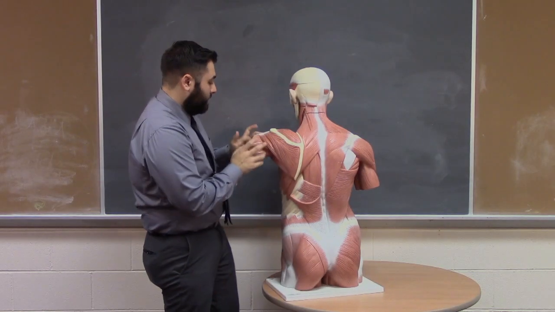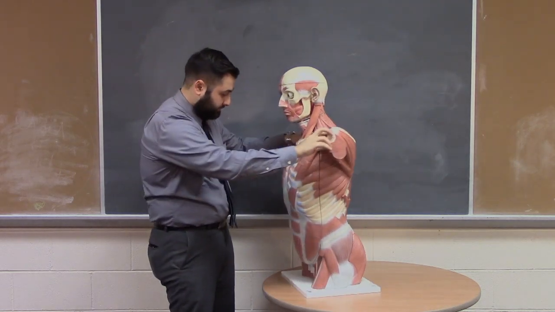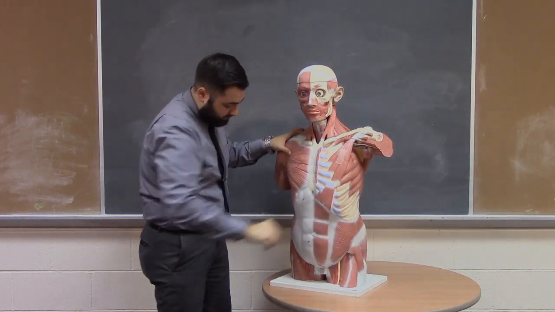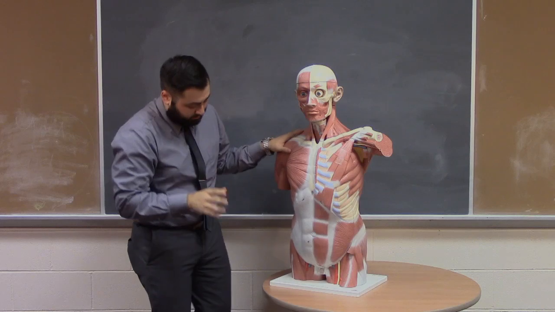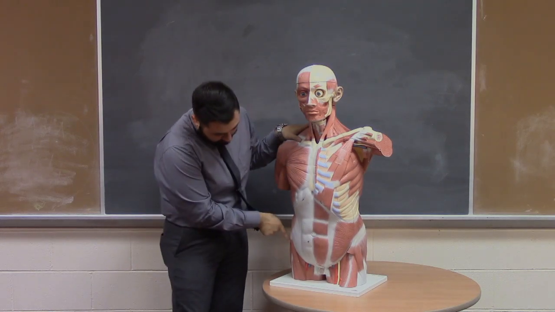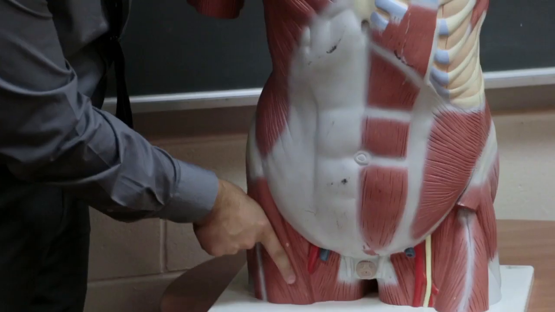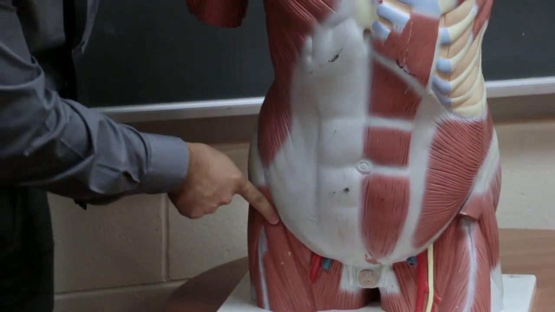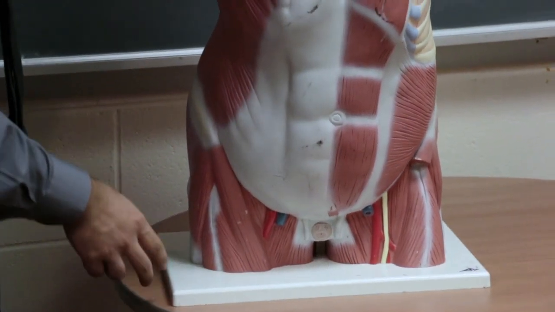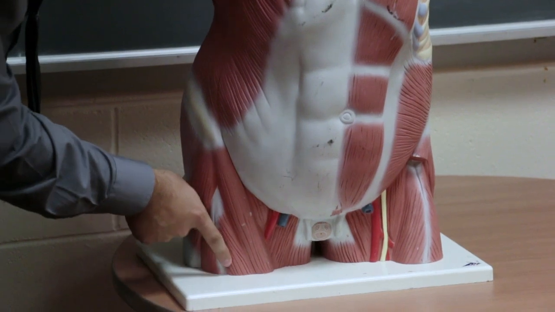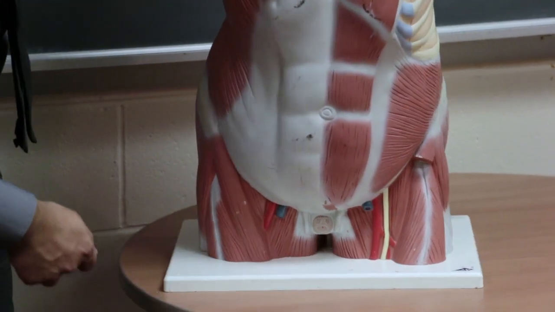So, one more thing in the front here. Again, this is going to be seen in the lower extremity model, but you could see it here as well. Right here, the longest muscle in the body, sartorius. Okay? That's right there. Here you can see the rectus femoris, part of the quadriceps.